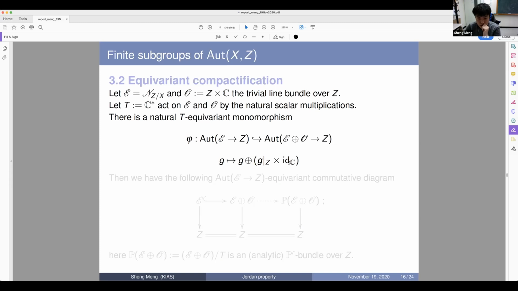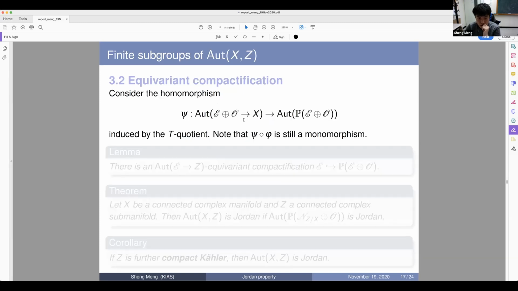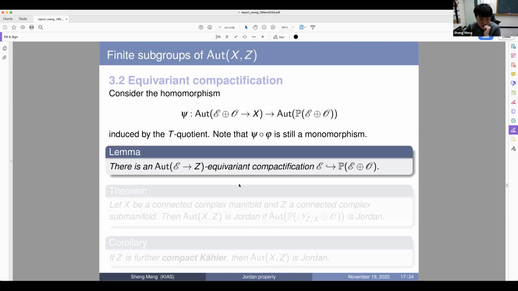So you can see that the kernel of this composition is still trivial, so it is injective. In particular, we have an equivariant compactification of the vector bundle E to the projectivization of E plus O. This is the bundle version of the general linear group GL_n to PGL_{n+1}.